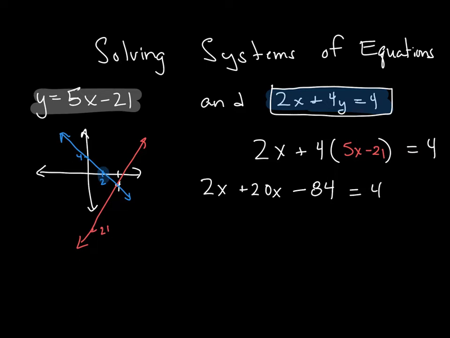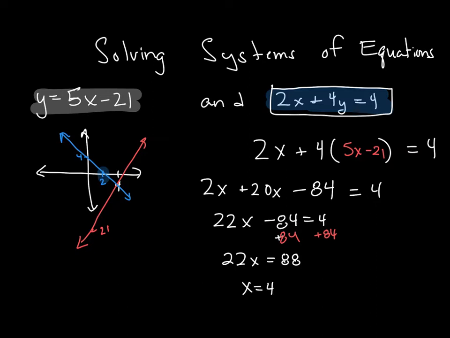I combine my like terms and I have 22x minus 84 is equal to 4. I add 84 to both sides. Now I have 22x is equal to 88. Divide both sides by 22 and I get x is equal to 4.